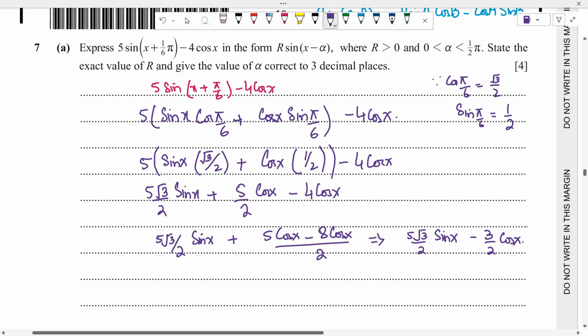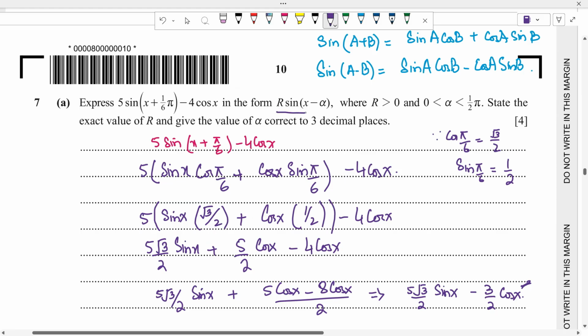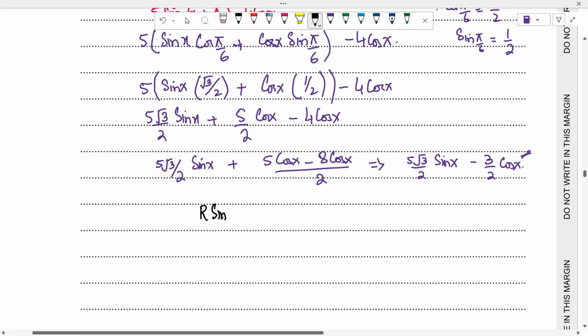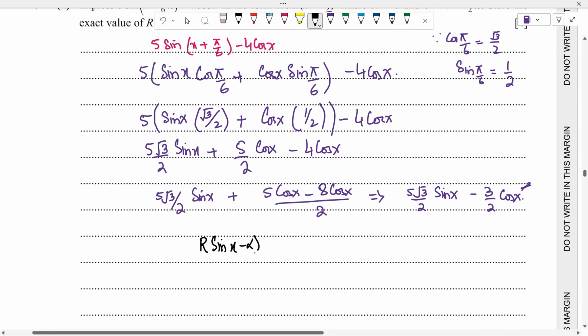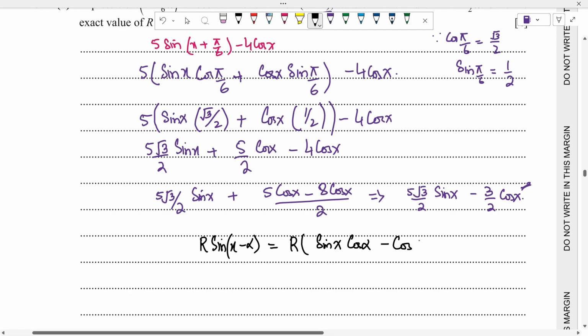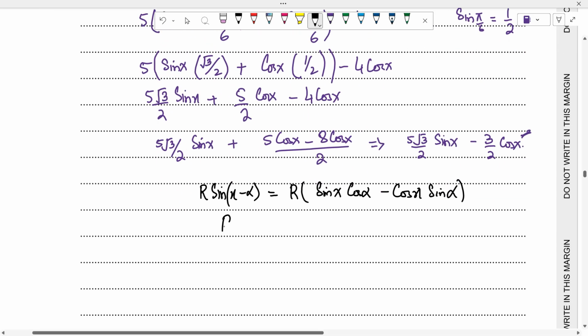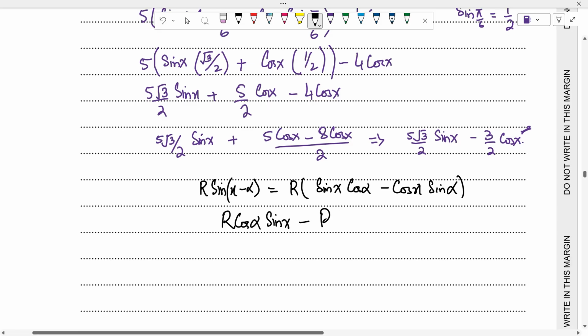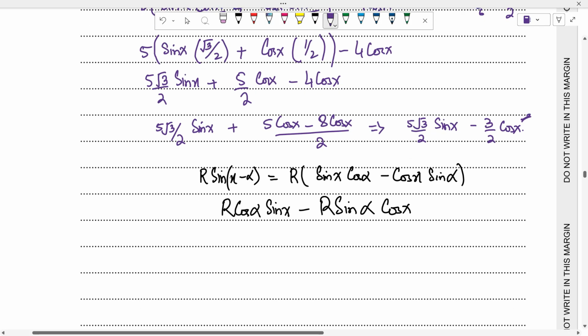We need to convert this expression into the form r sine (x − α). r sine (x − α) is equal to r times sine x cos α minus cos x sine α. This can be written as r cos α sine x minus r sine α cos x.